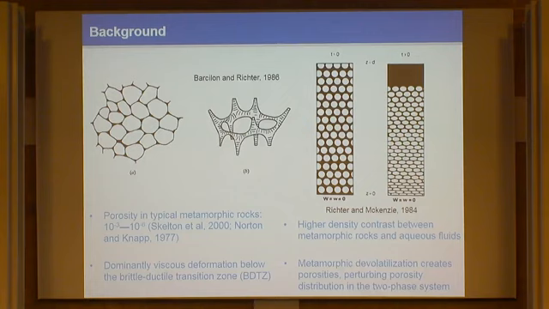The density contrast in the two-phase metamorphic system is a little bit higher, which provides a strong drive for the compaction flow. The rock matrix for the metamorphic system also viscously deforms below the brittle-ductile transition. So the physics of the system parallels the metamorphic system.